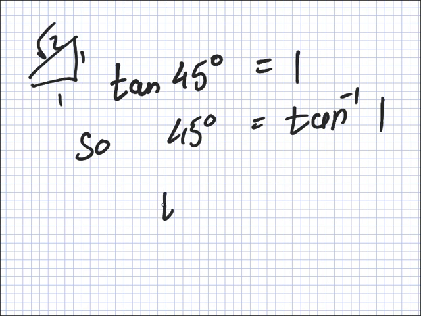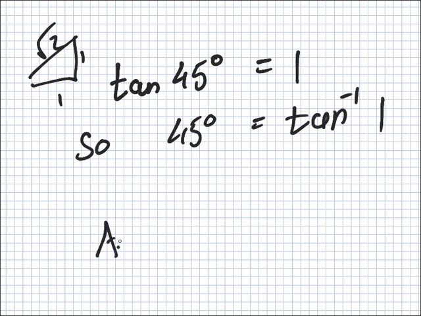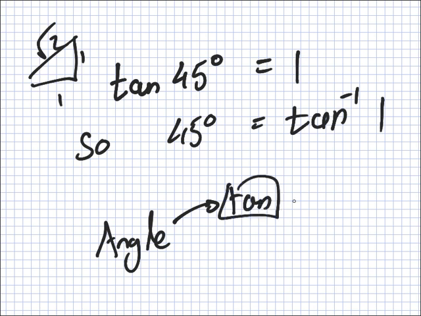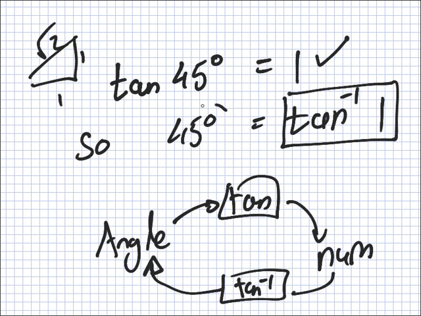You have an angle, you put it into tan, and you get a number. But if you put the number into tan inverse on the calculator, it brings you back to the angle. So tan inverse of the number gives you the angle.